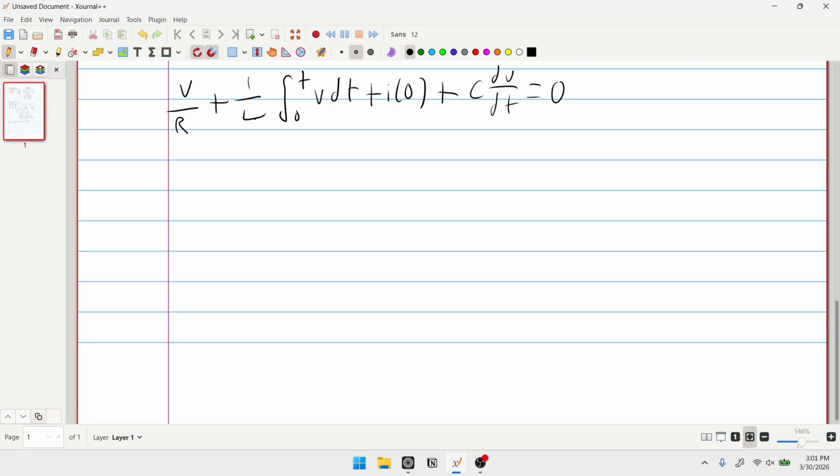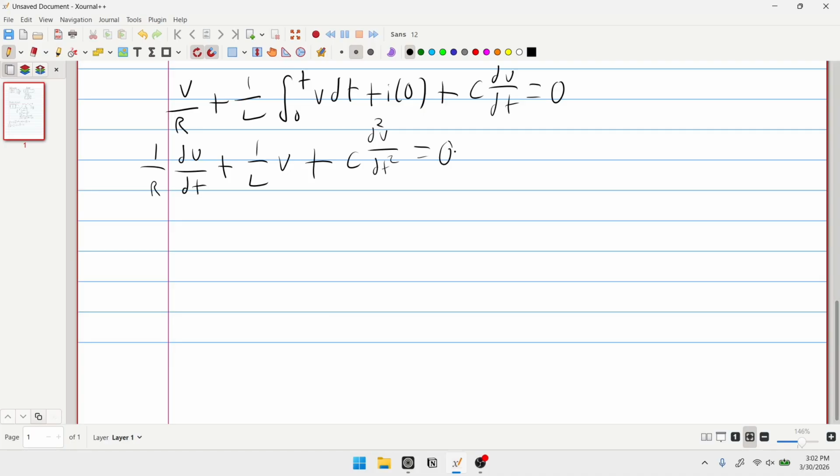So what I'm actually going to do here is take the derivative of both sides, right? So we get 1 over R dV/dt. The derivative of this is just an integral, so we can just get rid of that. So we have 1 over L V, and this is a constant, so that just goes away. And then we have C d squared V/dt squared equals 0.